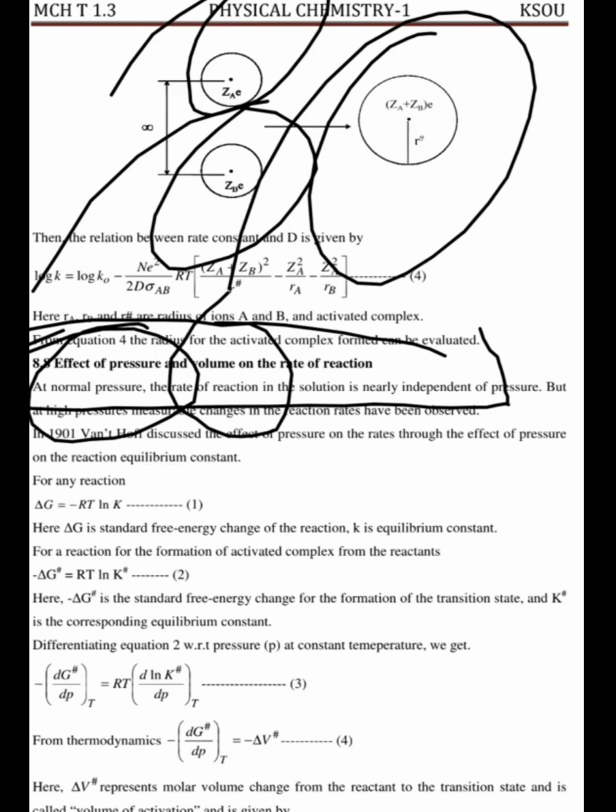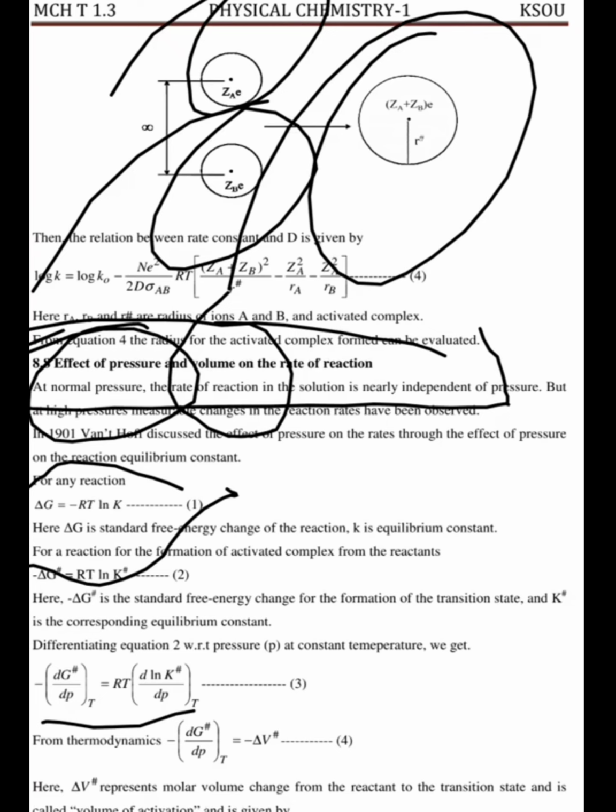So delta G is equal to minus RT ln K, where delta G is the standard free energy, K is the equilibrium constant, R is the gas constant, and T is the temperature.